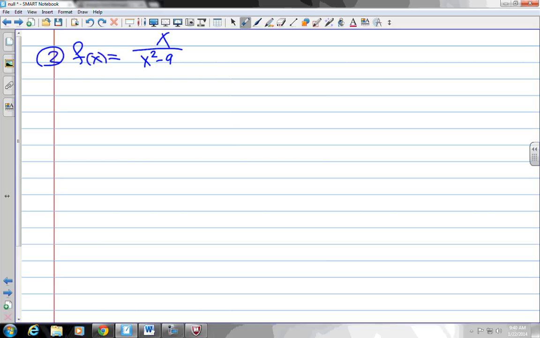Are there any issues that potentially can occur? Well, not holes, but asymptotes. Things will go insane at those points, right? You have to make sure that your denominator does not turn into 0. That's what you need to avoid here, because division by 0 is undefined.